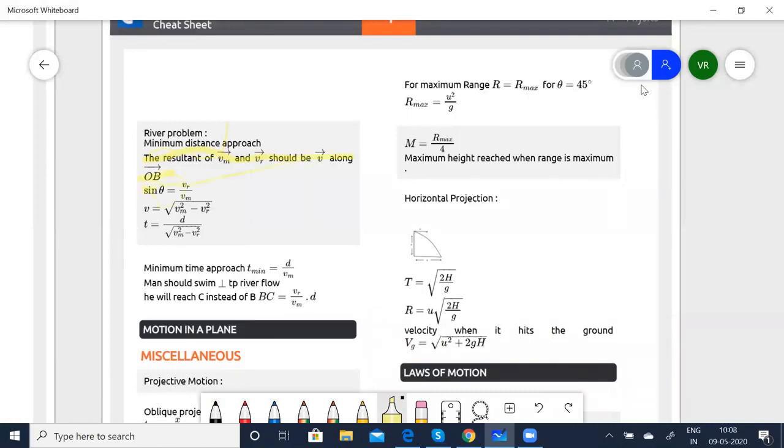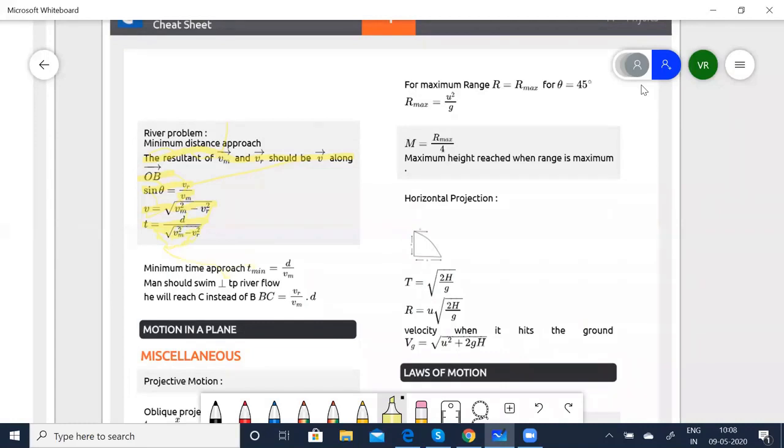Okay. And sine theta, you know, is VR by VM, where V is the resultant, which is going to be root of VM squared minus VR squared, and T is equal to D over V, where T is the minimum time of approach. Okay. So T is going to be D by root of VM squared minus VR squared.